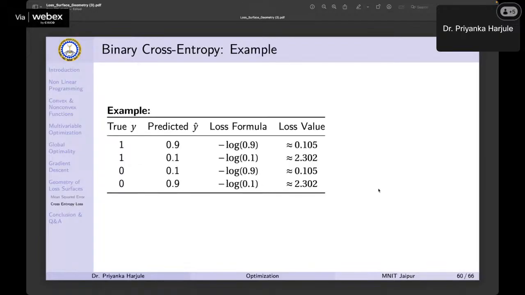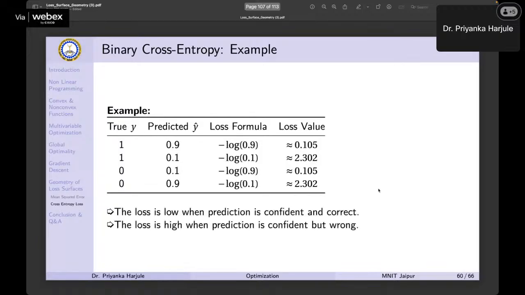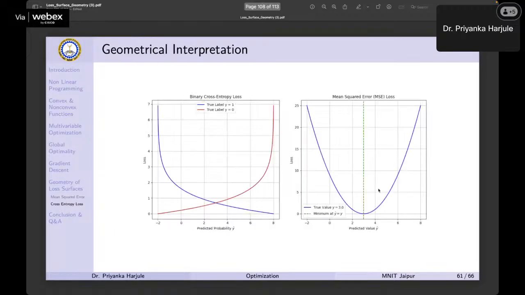This is a small numeric example with different values of it. The loss will be low when the prediction is confident and correct. The loss will be high when the prediction is confident but wrong. So this is basically the principle of penalizing confidence.